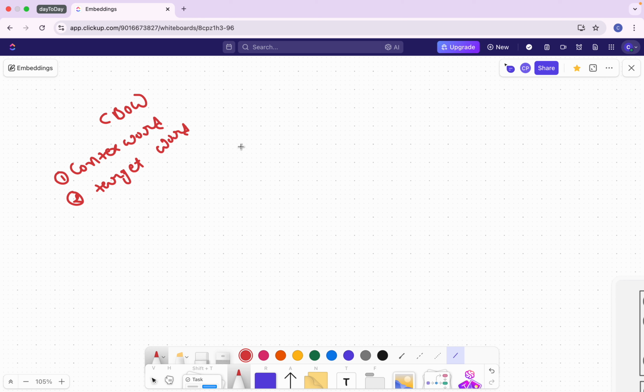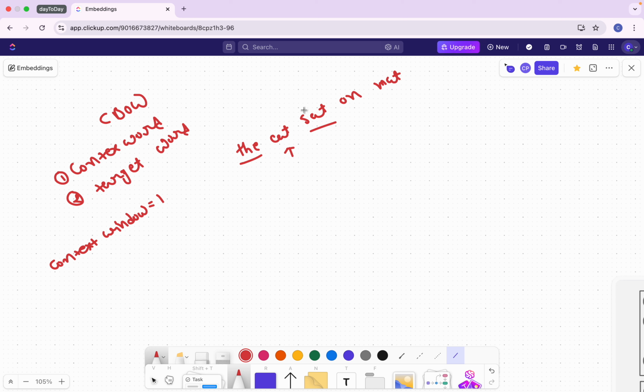Let's suppose I have one sentence: the cat sat on mat. Now let's say I have a context window equal to 1. Simple. Then we will pick one word, let's say this one, and we will see one word on the left side and one word on the right side.